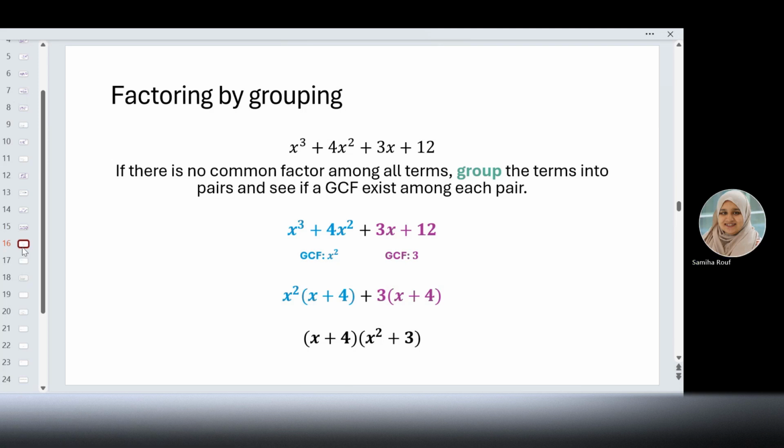So if we see in this example, we have 4 terms. There isn't anything that can evenly divide all of these. So what do I mean by that? Here we have the number 4, the number 3, and the number 12, and in here we have the number 1. There isn't anything that can divide all of these except for the number 1 without causing any remainder.